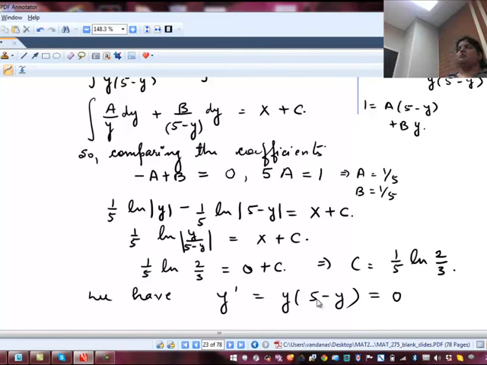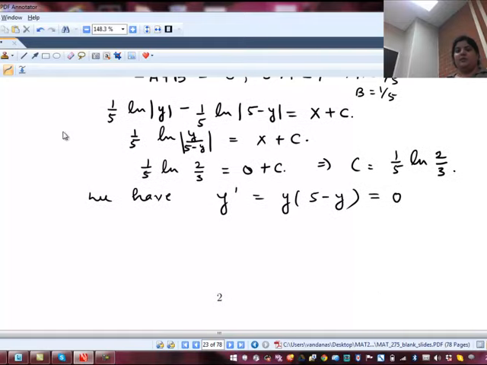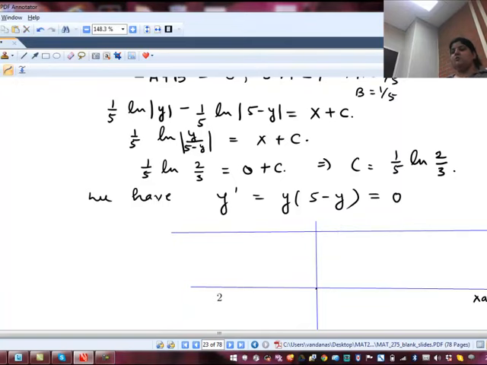So y equals 5 and y equals 0 are the points such that if I start with my initial condition at that particular point, then I will stay at that point. So let's try to understand it geometrically. So y equals 0 means this x-axis. So the x-axis is a solution. y equals 5 is also a solution.